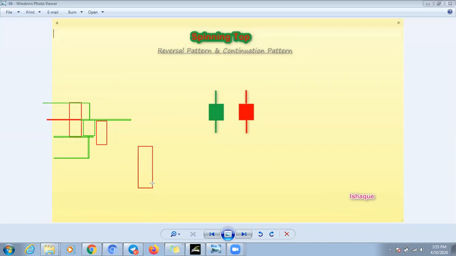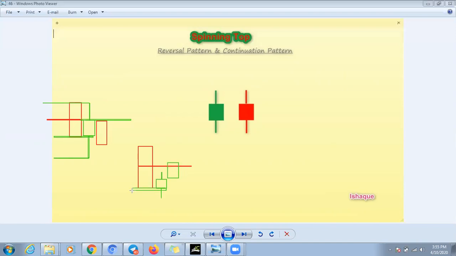If you find this candle's 50% is here, and you find a spinning top here like that, the next candle must go up to touch this key level or cross it.